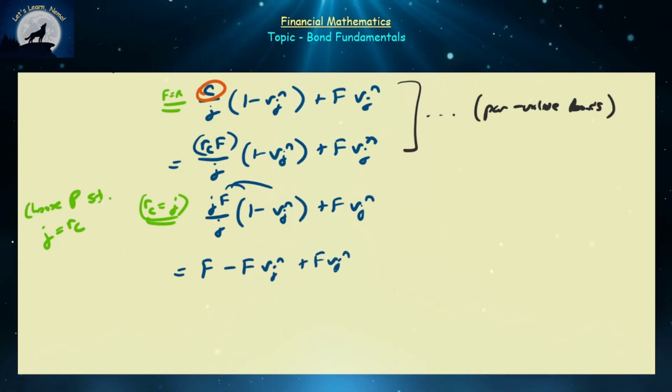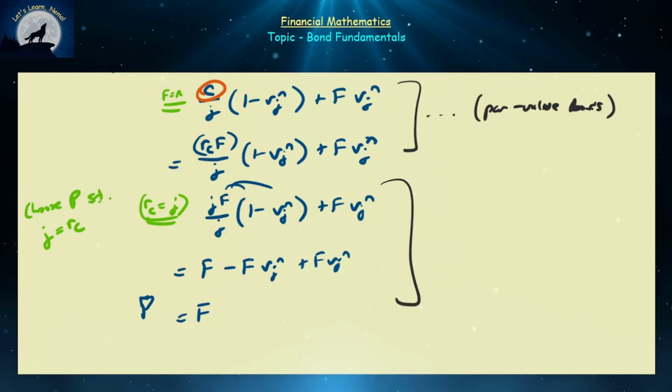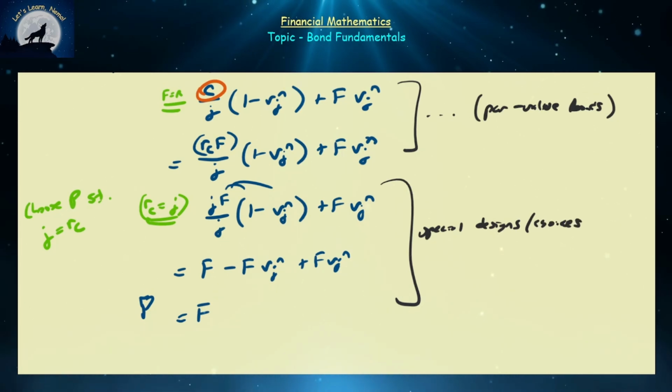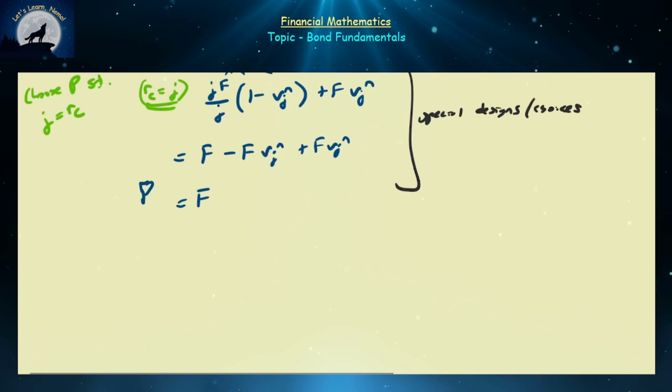And when you have that, you're just going to be left with F. And keep in mind this was the equation for P. Right? So when you choose RC equal to J, you get this particular relation. So this is just some special designs or choices. Not necessarily common, but definitely could, and those are the conclusions that you would get.